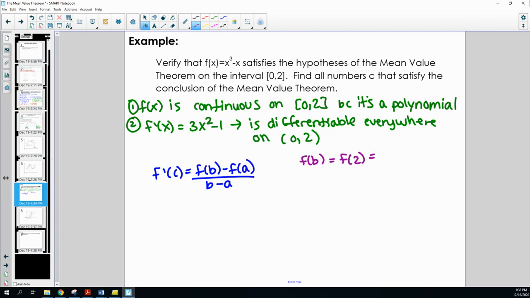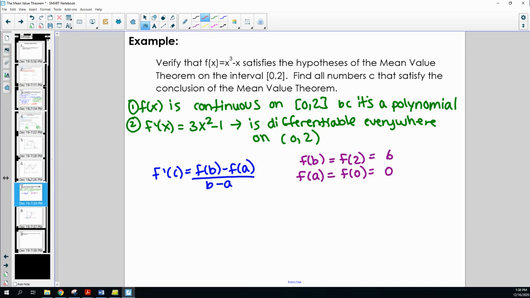If I plug 2 into the equation, I'm going to get 6. I'm then going to find f of a. So a is going to be 0, so I'm finding f of 0. I'll plug 0 into the original equation, so I get 0.